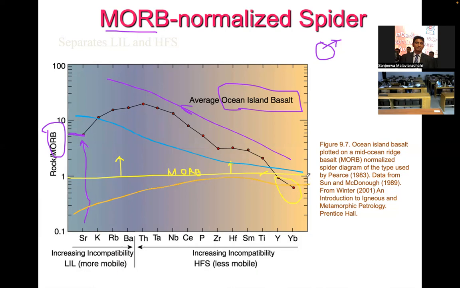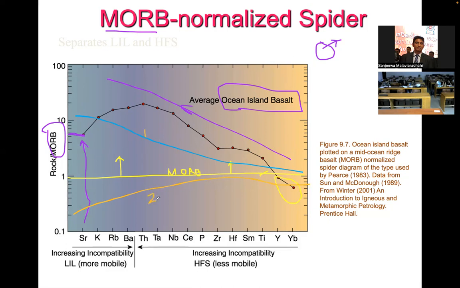Now you have two unknowns. You have two unknown rocks which you have to interpret, right? So what do you think about these two rocks? Let's say this is one and this is two.